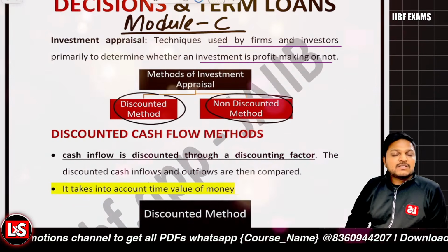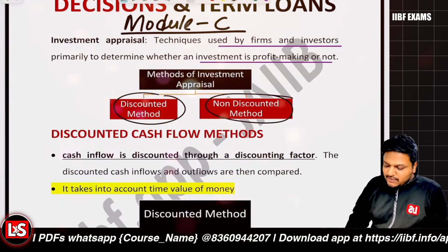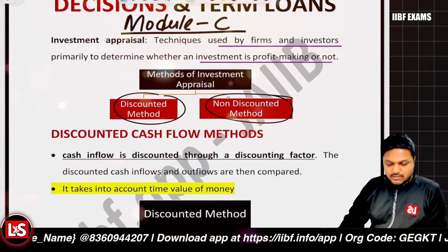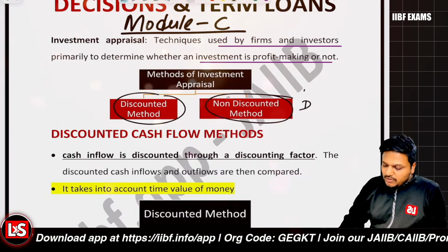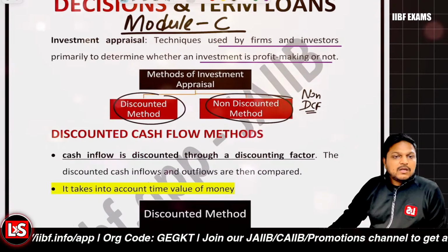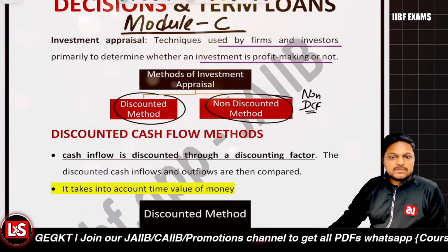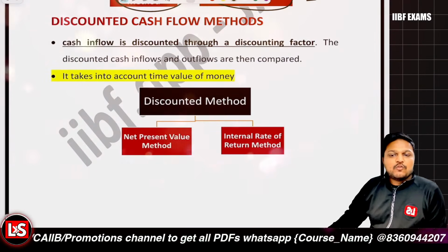And when we do not discount the values, when we do not consider the time value of money, that is considered a non-discounted or non-DCF method. So one is the discounted cash flow methods, or it is the non-DCF methods, right? First, we are going to cover the discounted cash flow methods.